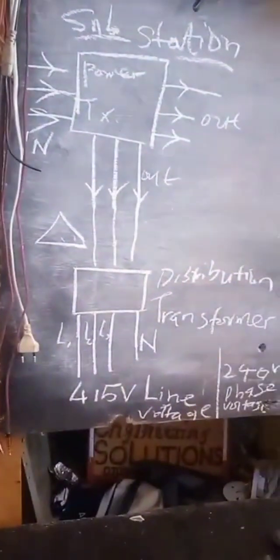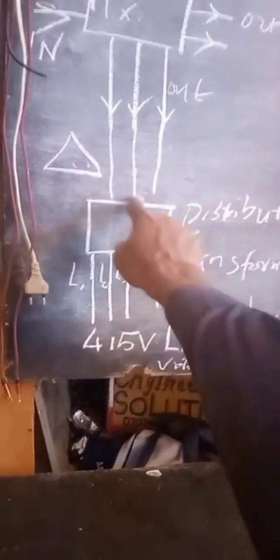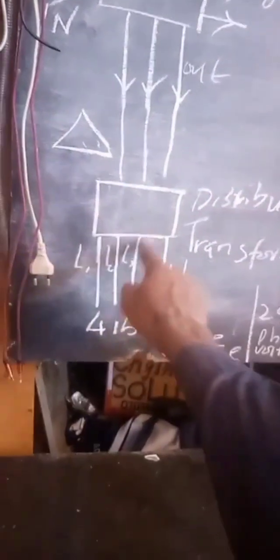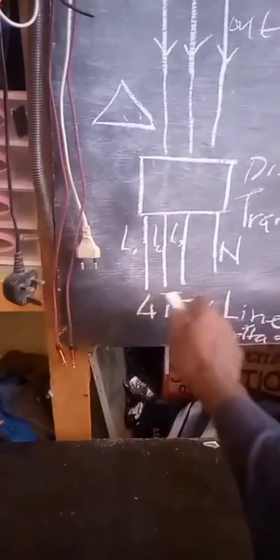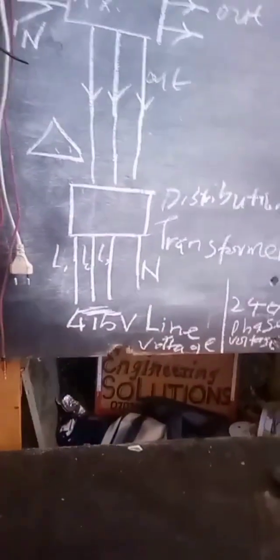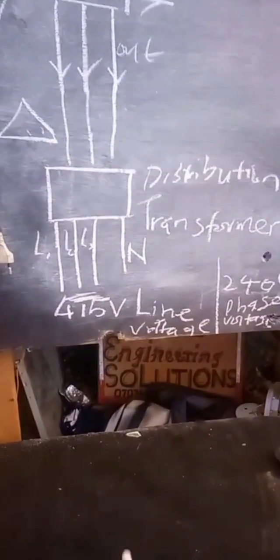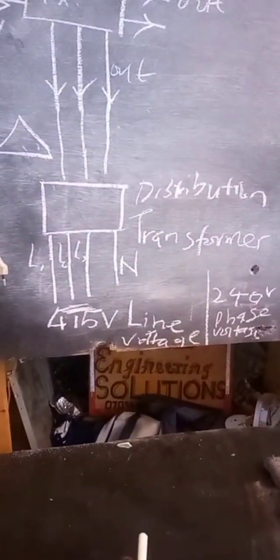It means no neutral point. Then this distribution transformer enters 3 wires, outputs 4 wires. Now this power is what you see in your neighborhood or in your premises or anywhere we have high power requirements or where high power is needed.